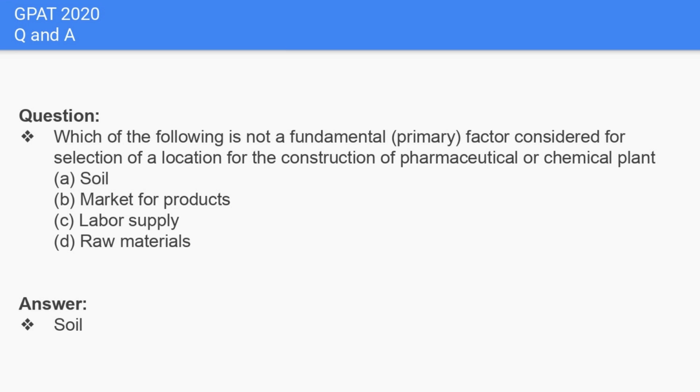If we construct the plant where raw materials are not available, the operations are affected. The raw material should be available easily and in a cost-effective manner. So, we have to consider market for products, labor supply, raw materials, etc. while selecting the location of a pharmaceutical plant. But no need to consider the nature and type of soil at that location.